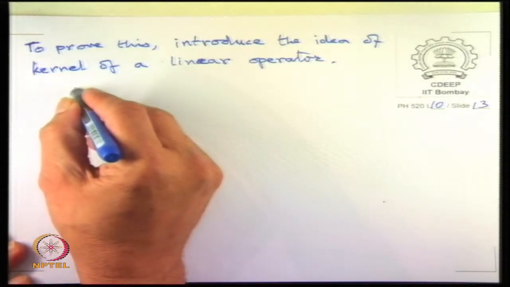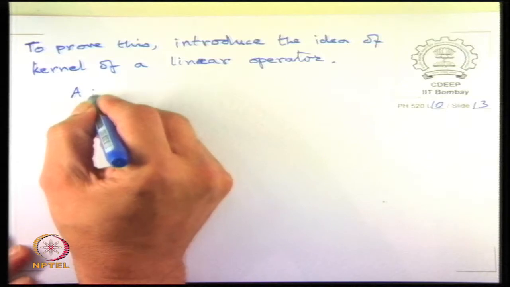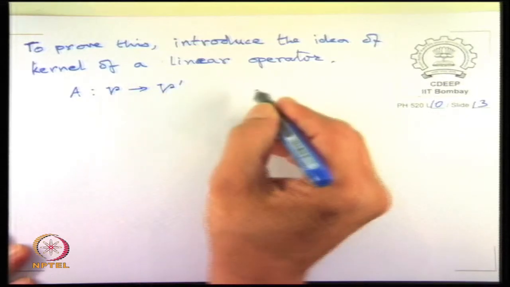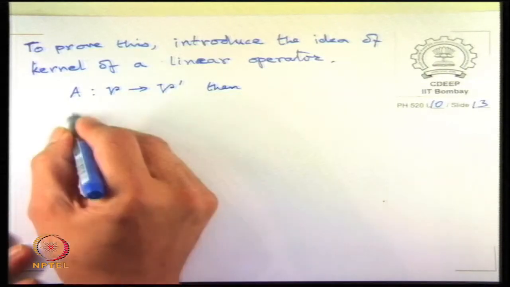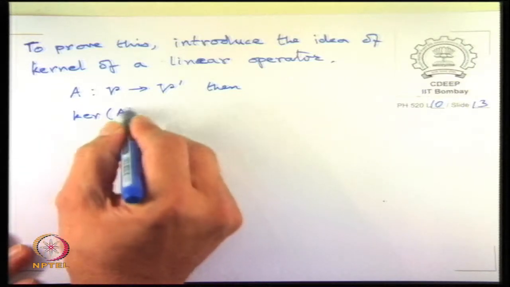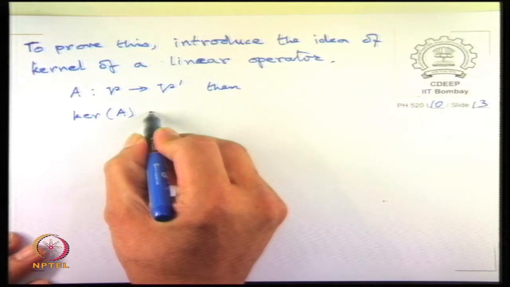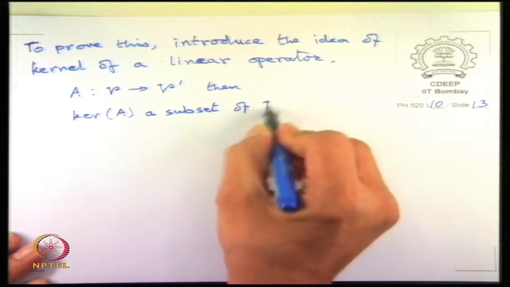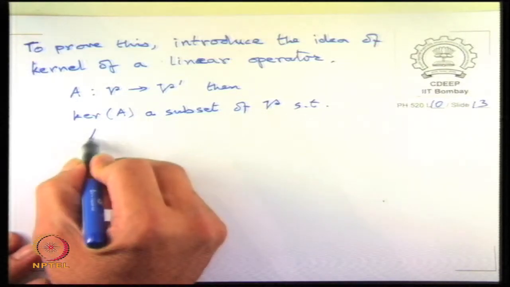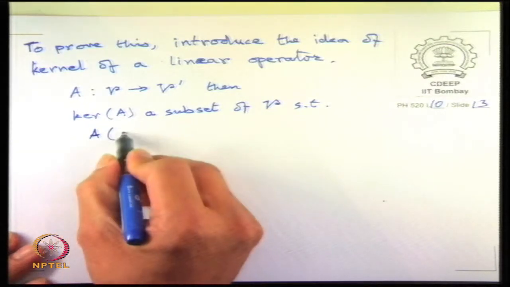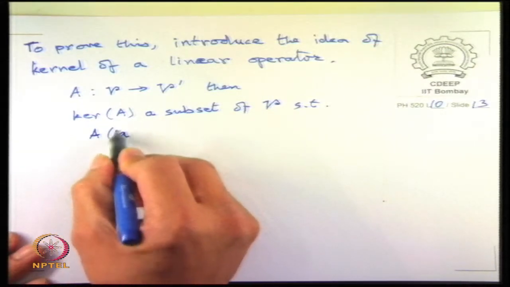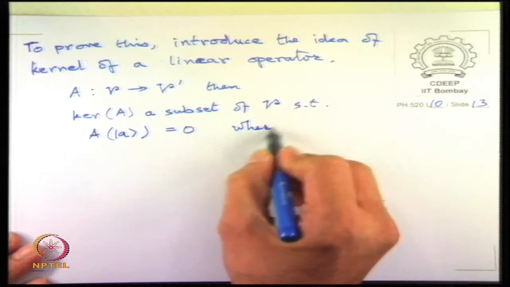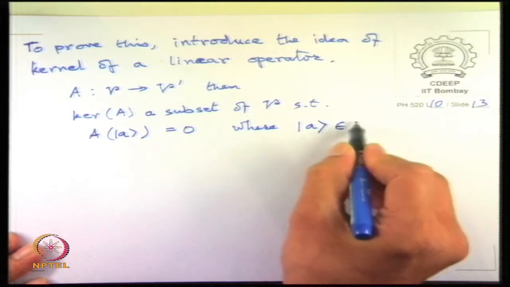So given A, taking V to V prime, let us say, then ker A is essentially a subset of V such that A of all |a>, let me write quantum mechanics notation, equal to 0, where |a> belongs to V.